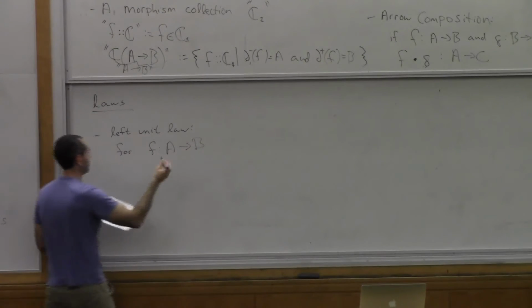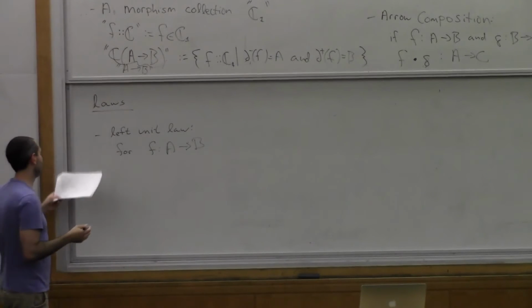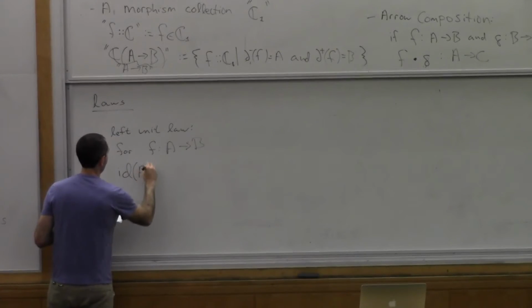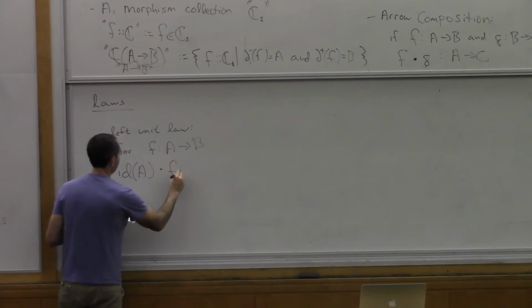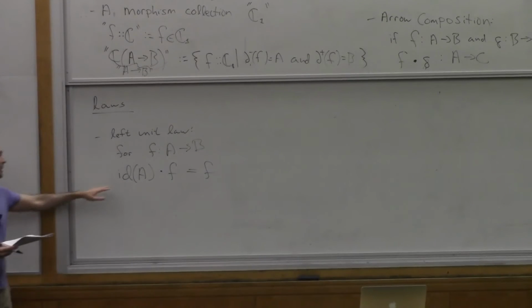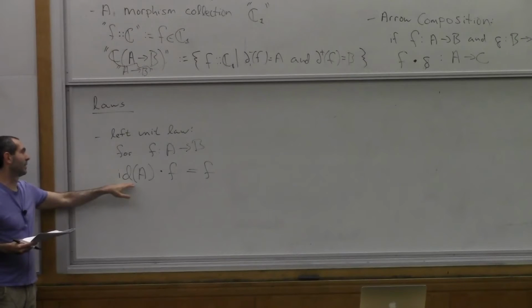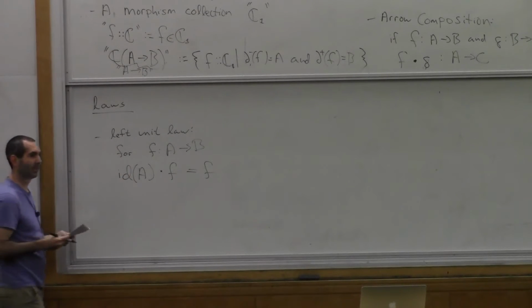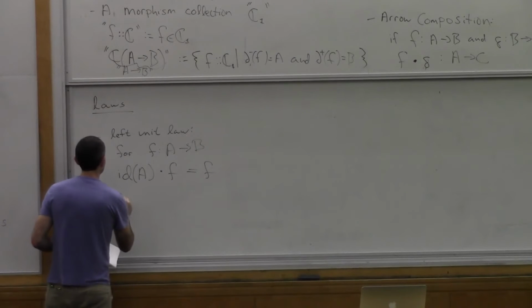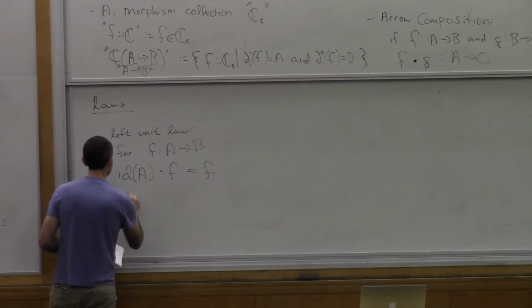I'm not naming the category, whatever the category is, C so far. The identity arrow on A followed by F is equal to F. So this is just saying that the identity arrow is a left unit of composition, or a pre-unit of composition.